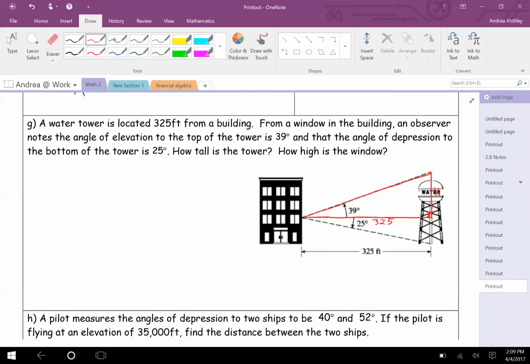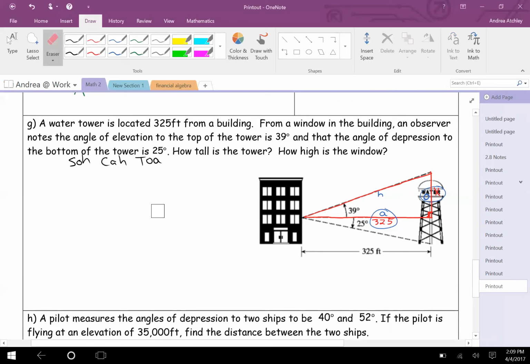So then for that angle, we want to label the opposite side, the adjacent side, and the hypotenuse. We want to use the 325 and the x. Good. Using TOA. Jacob noticed that.